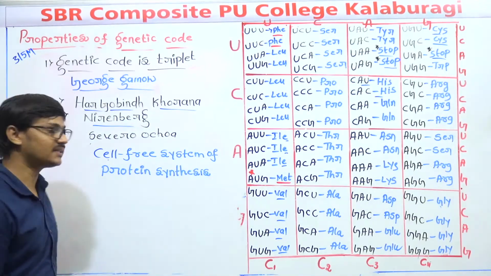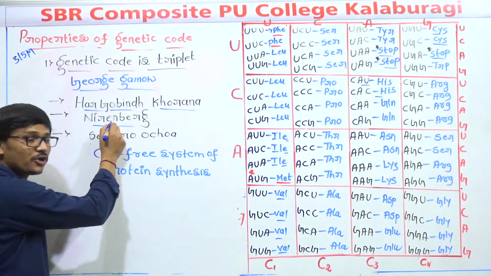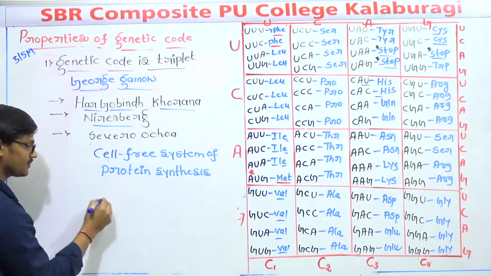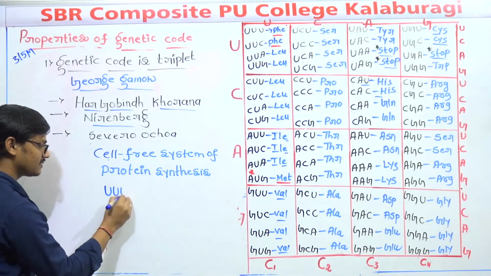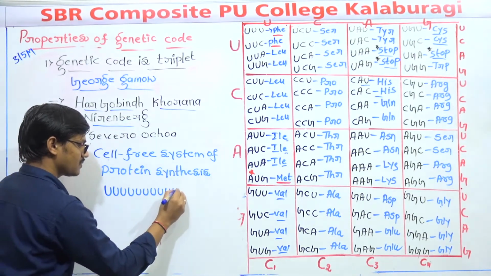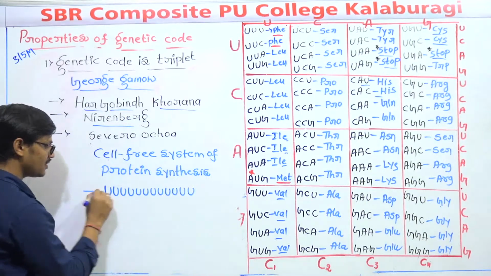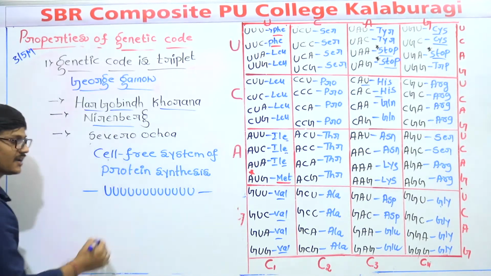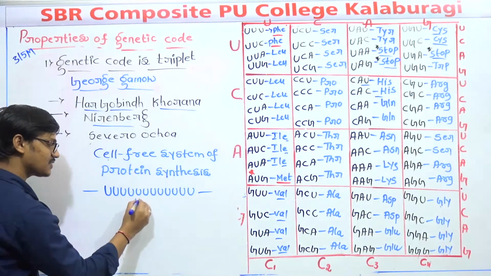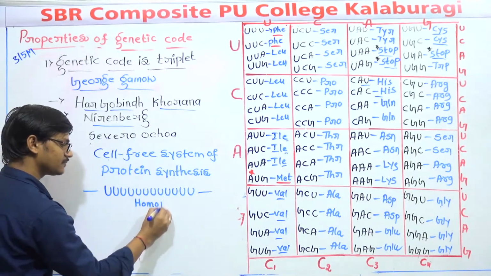And what he did, he used the same homopolymer and copolymer developed by Hargobind Khorana. He used an RNA having only uracil. Such RNA is called a homopolymer.